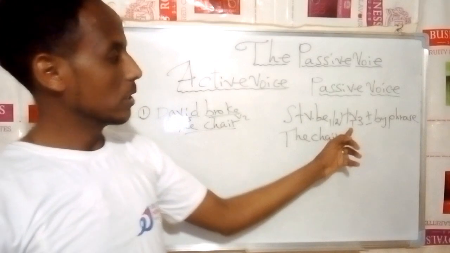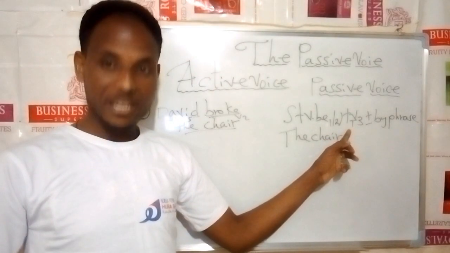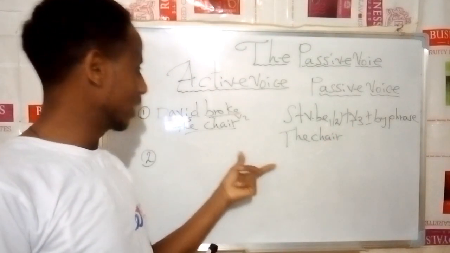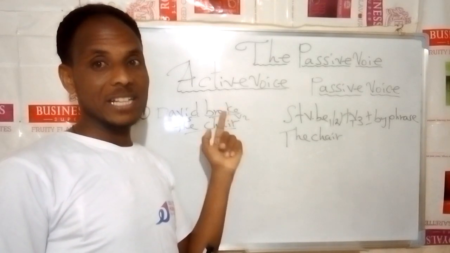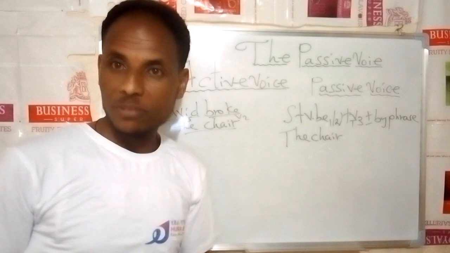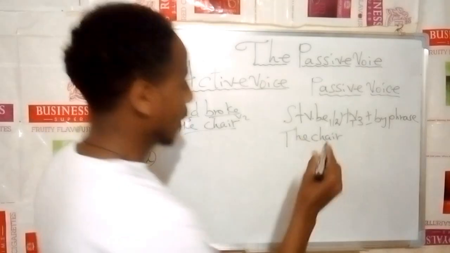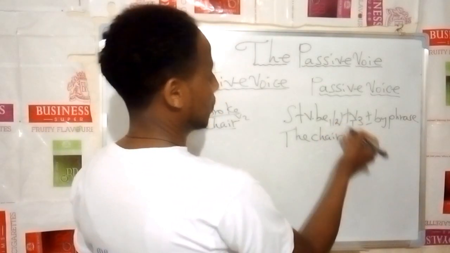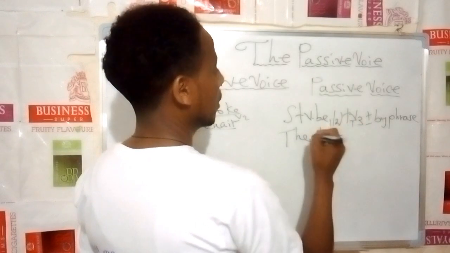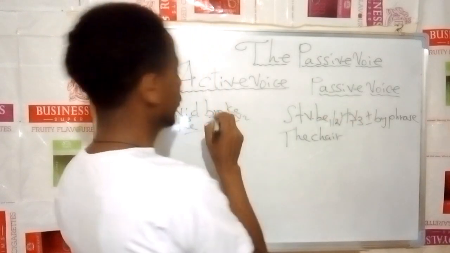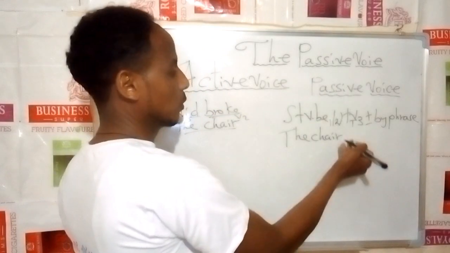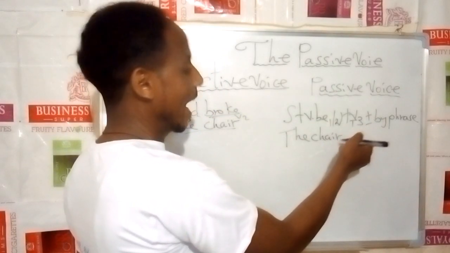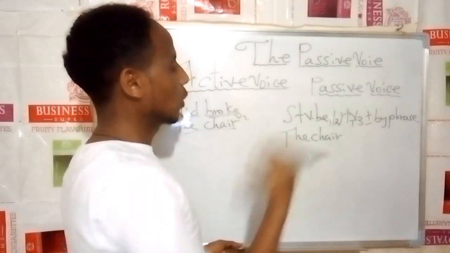So we use the auxiliary verb be in the past simple form too. Because the verb broke in the active voice is the past simple form of the verb break, I am supposed to use the auxiliary verb to be instead of broke. If the main verb in the active voice is V1, we often use is or are or am.